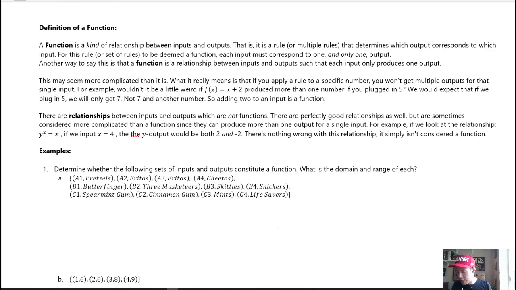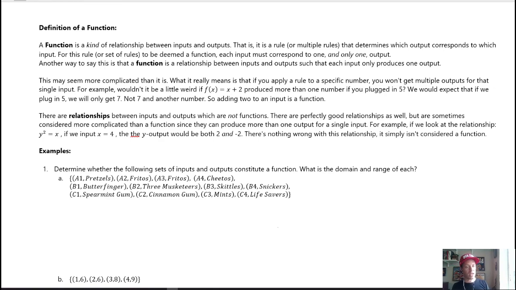For example, take a look at the relationship y squared equals x. If we input x equals 4 and say what are the y values, what are the outputs of this, we could have y equal 2 and negative 2, right? If y is 2, we square that, we get x equals 4. If we have y equals negative 2 and we square that, negative 2 times negative 2 is also positive 4.